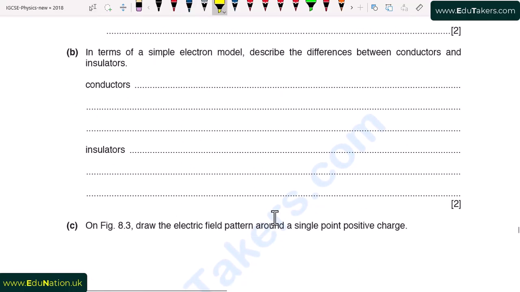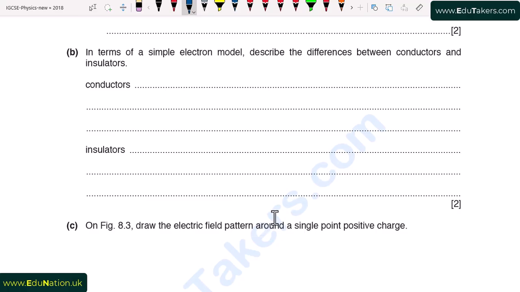Part B. In terms of a simple electron model, describe the differences between conductors and insulator. So, conductors contain large number of free conduction electrons, while insulators do not have free electrons.